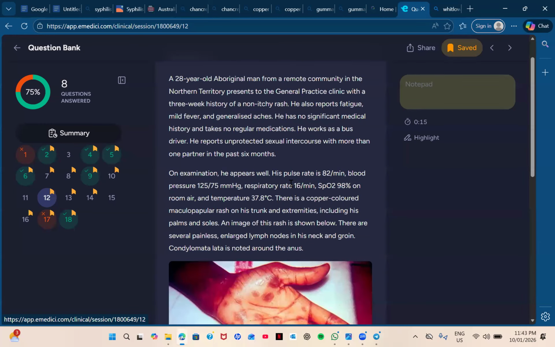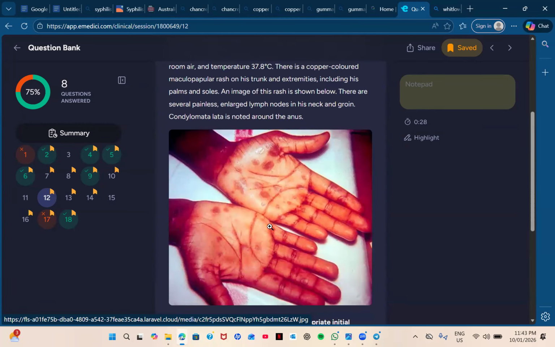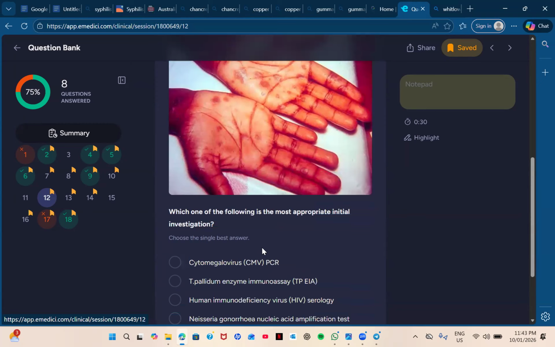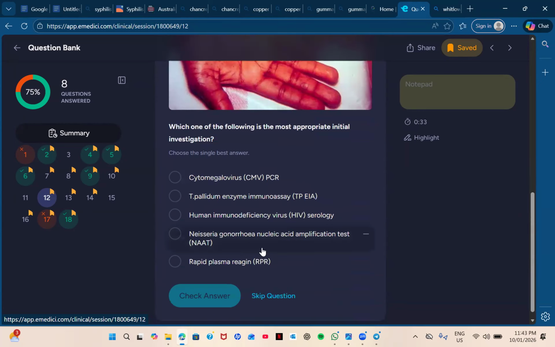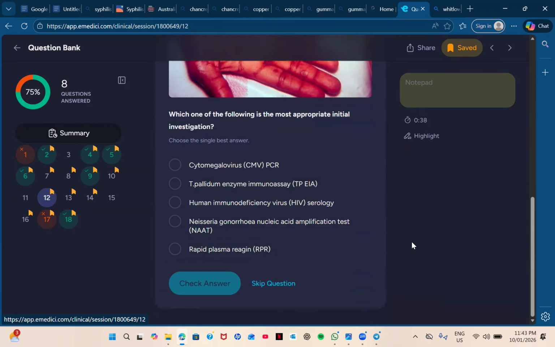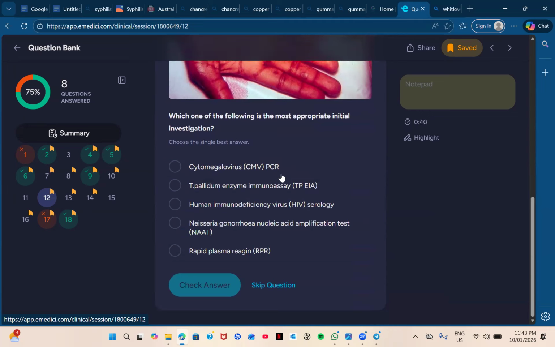The clinical stem is the same: non-itchy rash, fatigue, fever, secondary syphilis case. They're asking which one of the following is the most appropriate initial investigation. So what is it? What do you think? From these answers.